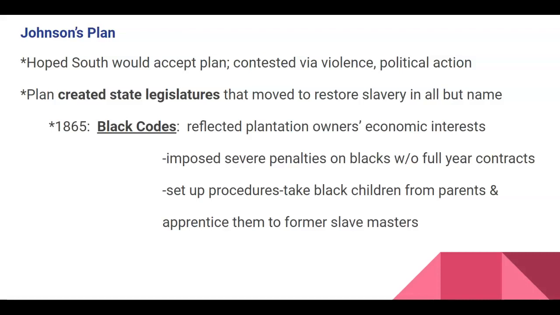There were severe penalties on blacks who refused to sign full-year contracts as sharecroppers, and procedures to take black children from parents and apprentice them to former slave masters, which is basically enslaving their children, because they would confiscate these children and take them to work on their former plantations.